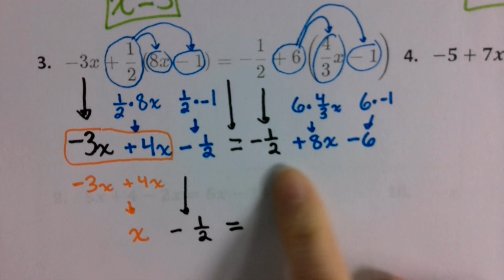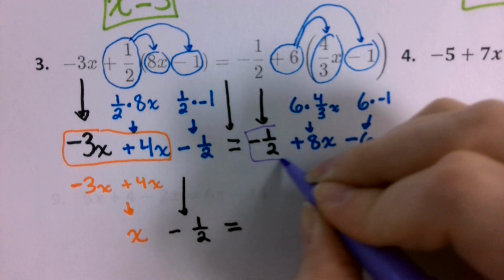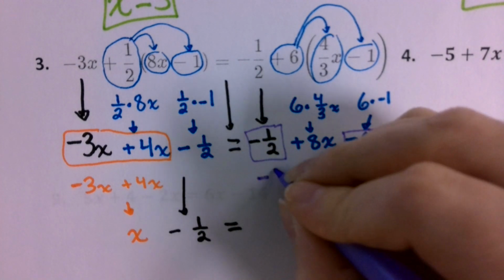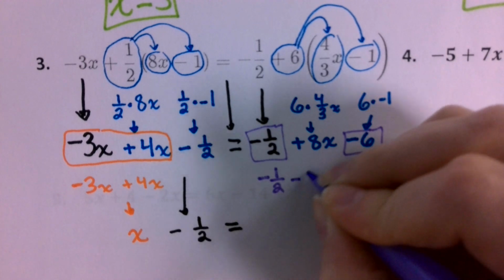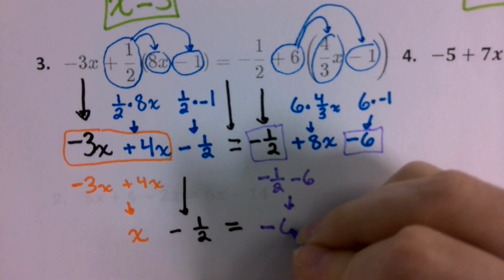What about on the right side? Is there anything on the right side that can be simplified? Richard? The negative 1/2 and the negative 6. So if we do negative half minus 6, that's going to come out to a negative 6.5.